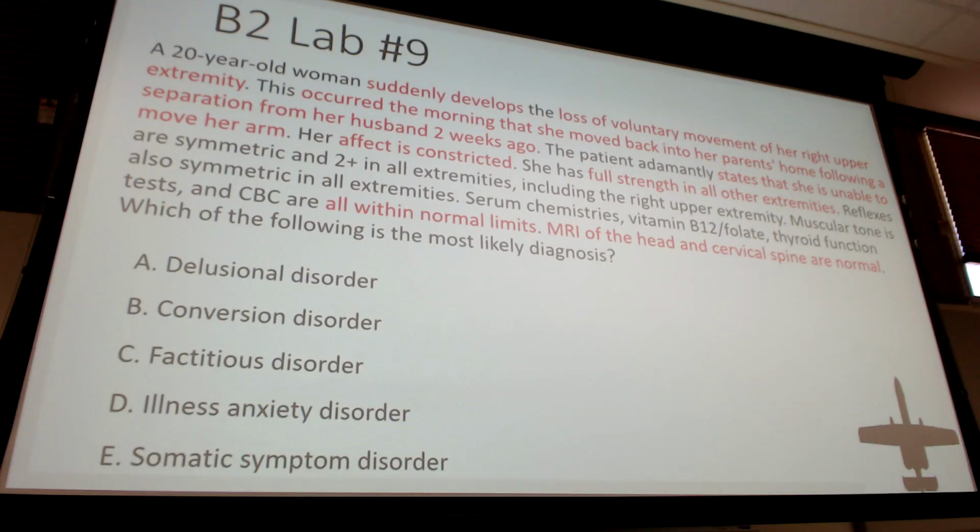Okay, there's delusional disorder. Can she actually move her arm? Seemingly, based on what we're given, no. But we're sitting there going, come on, let's move your arm. Is the test writer pointing you in the direction of falsifying her symptoms?